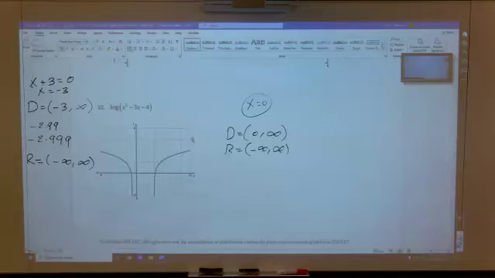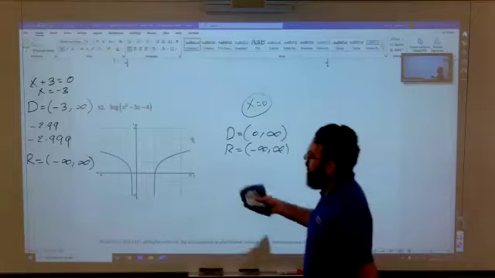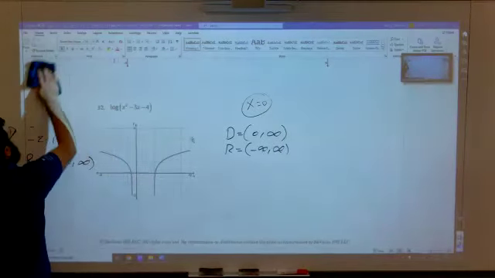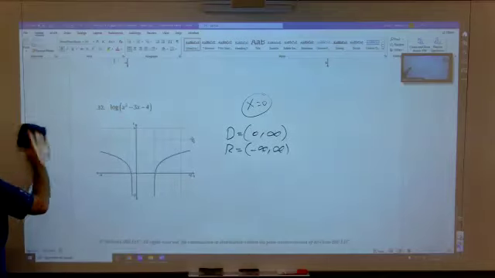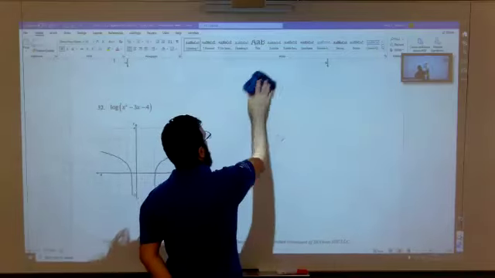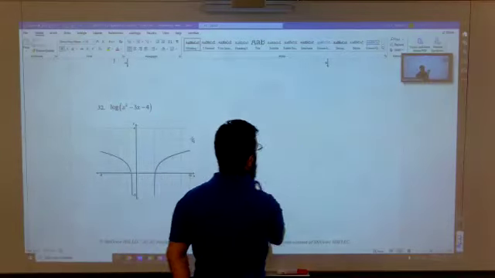So we're going to do the same thing. How are we going to find the domain for this one? As we said, we have to take everything belonging to the log and set it equal to 0.